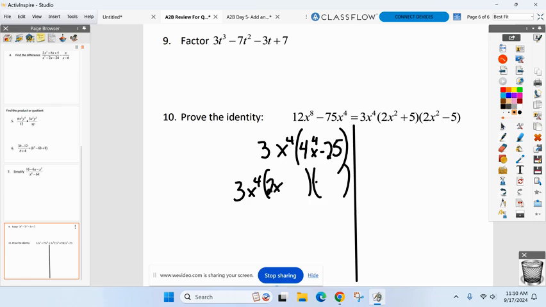What do you know about the signs when you do this method? Opposites. And 25. There it is. It's 2x squared, 2x squared. Thank you. One job.